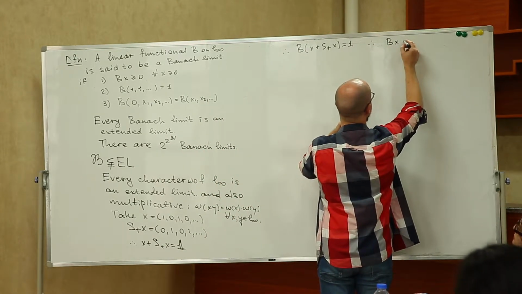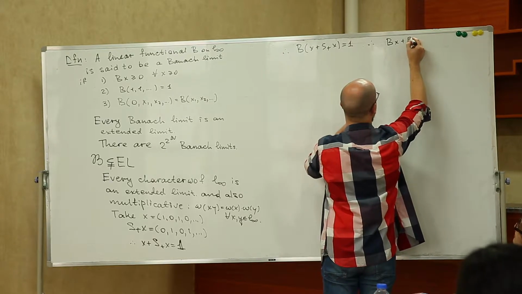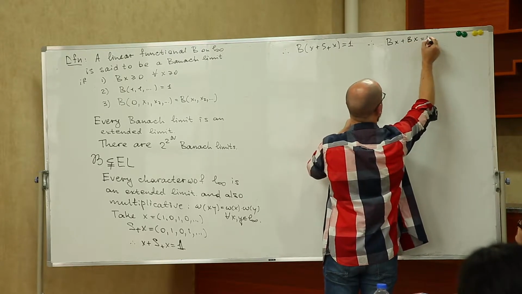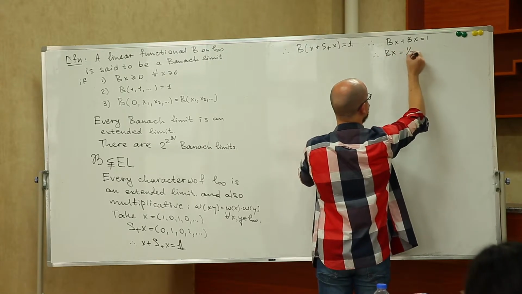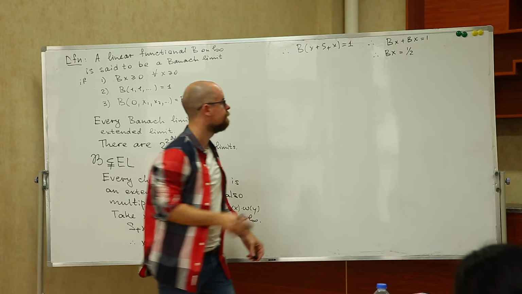So B of x plus B of x equals 1, and therefore B of x equals half for every Banach limit.